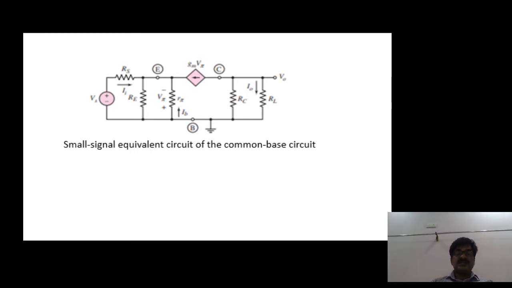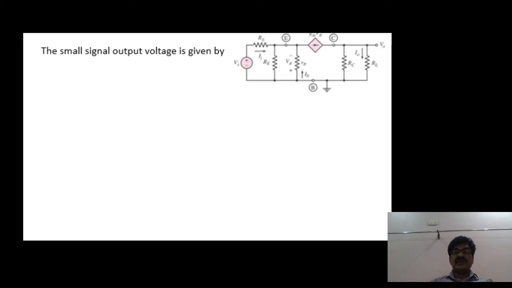Now the analysis is deriving the voltage gain. For deriving the voltage gain, let us take the output voltage. Let us see the equation for output voltage. Here the output voltage is the drop across the parallel combination of RC and RL, and in this combination the flow of current is gm V pi in the opposite direction, right?